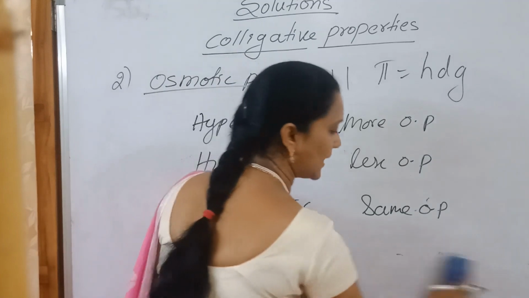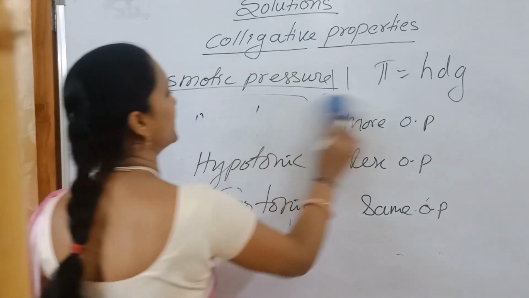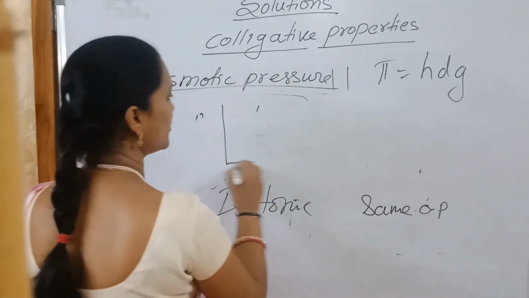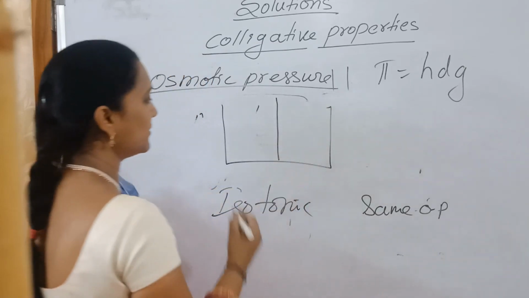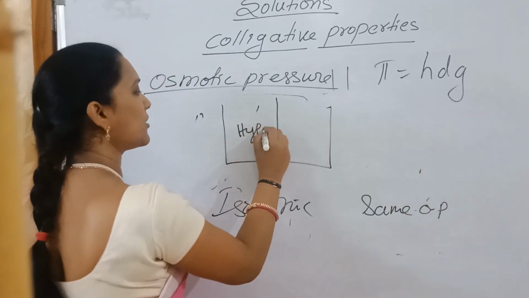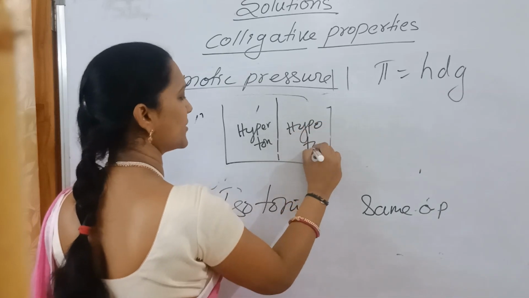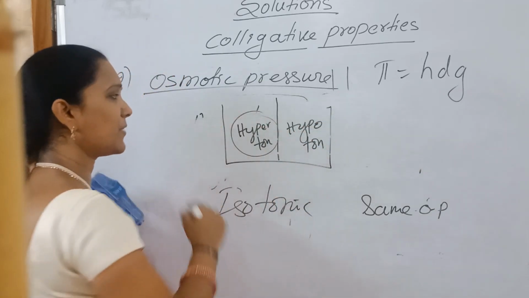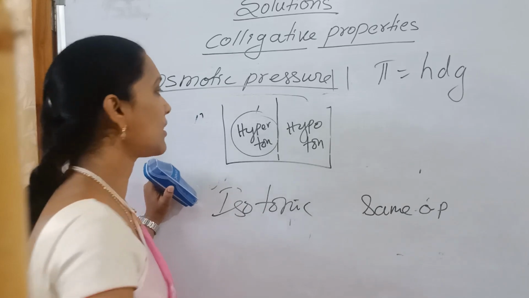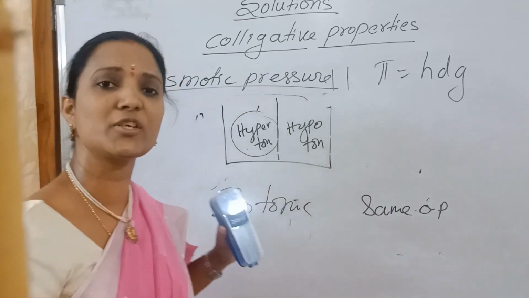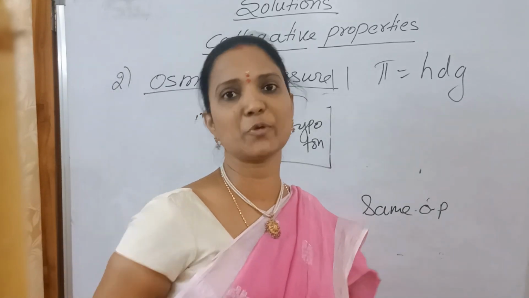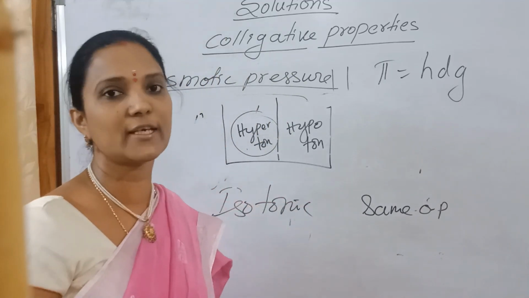Now these are three types of solutions. Now two solutions, separated by a semi-permeable membrane. Here it is a hypertonic solution. This is a hypotonic solution. Its osmotic pressure is more. Osmotic pressure more means concentration is more, because osmotic pressure is directly proportional to concentration, as it is a colligative property.